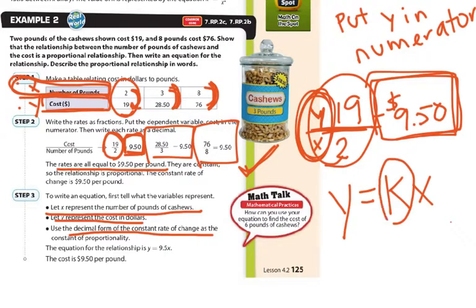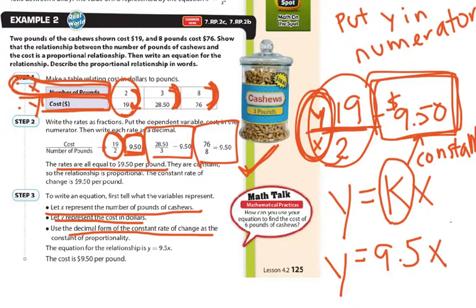And that K was the constant. And so we just fill that in. So we just leave it as Y equals 9.5, or $9.50. They just didn't use any units, X.